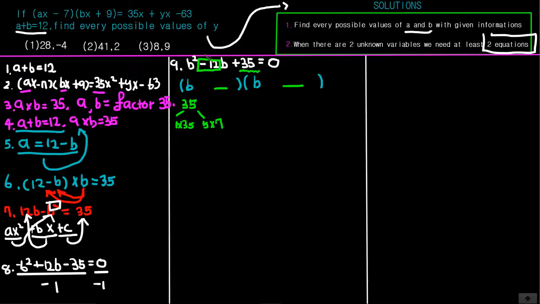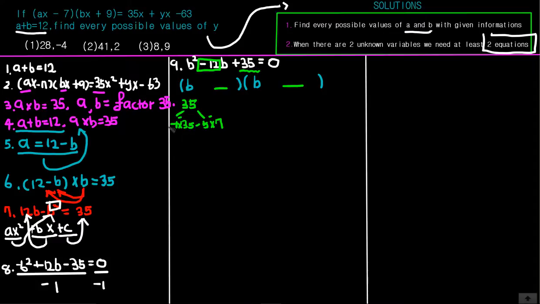But the middle term is negative, which means one of them is negative or both are negative. If we multiply, we need to get a positive, which means negative times negative gives positive. And if we add those numbers, we need to get negative 12.